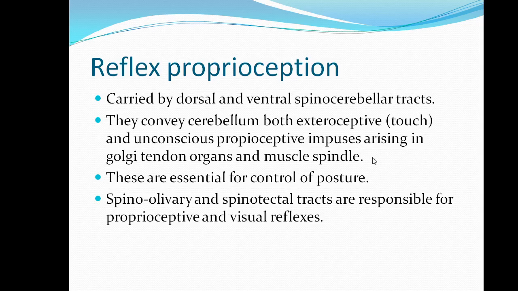Then reflex proprioception. It is carried by dorsal and ventral spinocerebellar tracts. They convey to the cerebellum both exteroceptive, that is touch, and unconscious proprioceptive impulses arising in the Golgi tendon organs and the muscle spindle.